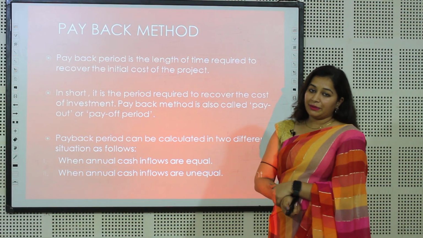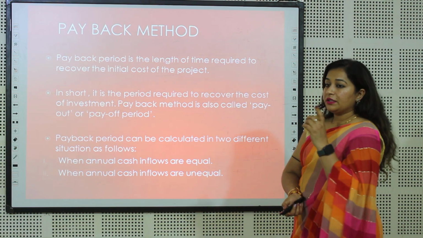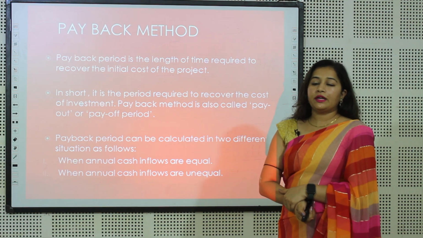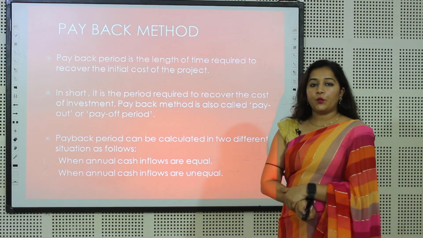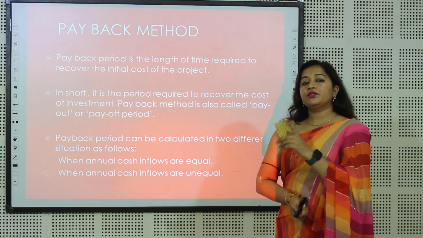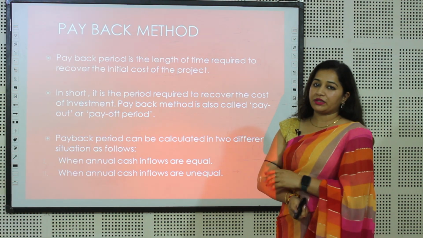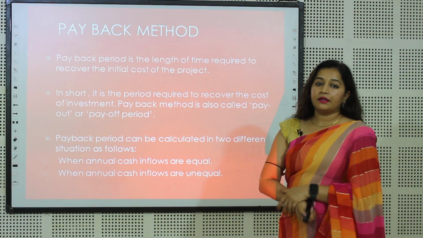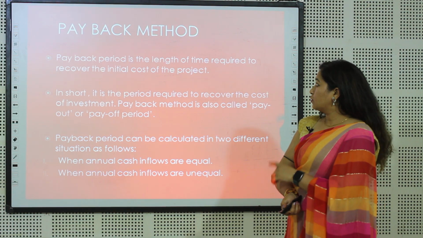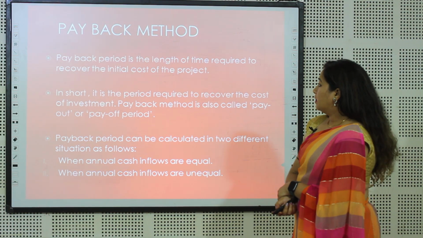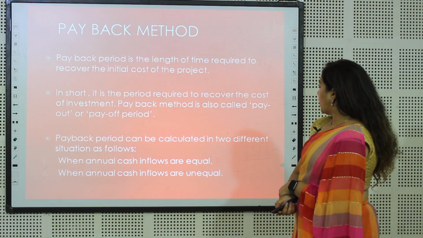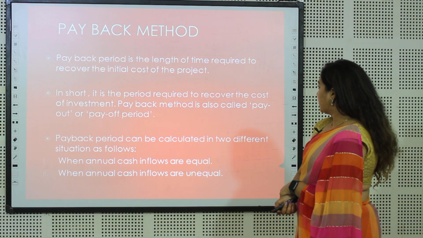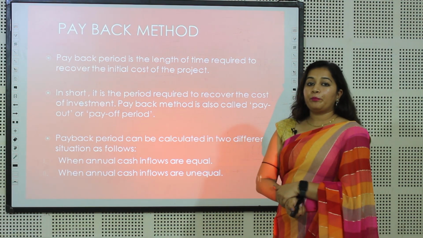So in this method, for example, we have invested the principal amount in three different projects, project A, project B and project C, and in which project we get the principal amount back earlier, that project will be selected. So that is known as payback period method. In short, it is the period required to recover the cost of investment that we have invested. So payback period method is also known as payout or payoff method.